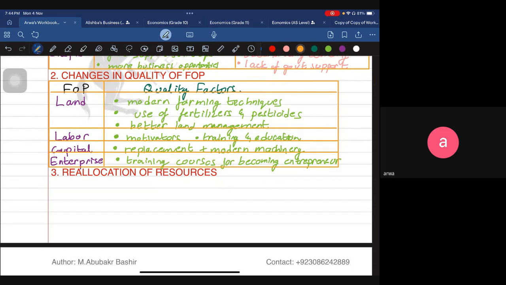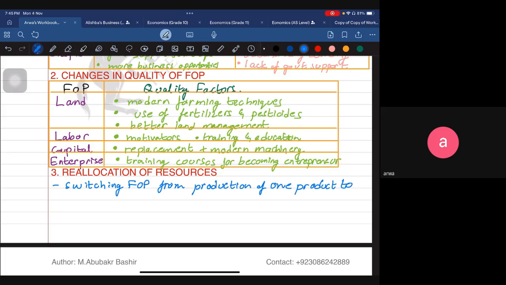Here we are discussing switching factors of production from production of one product to another.